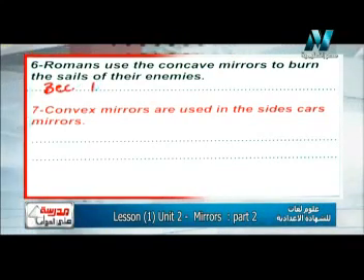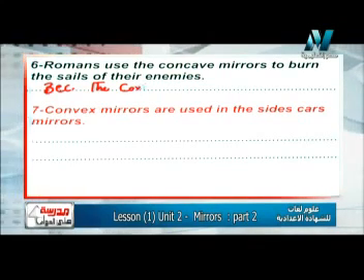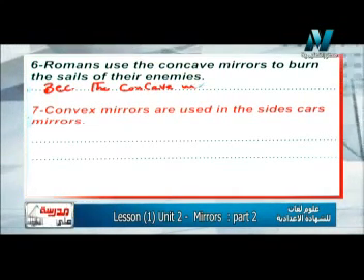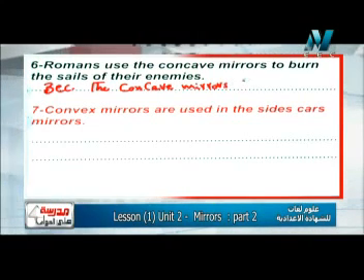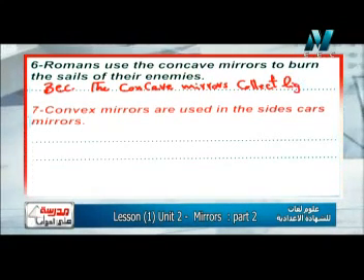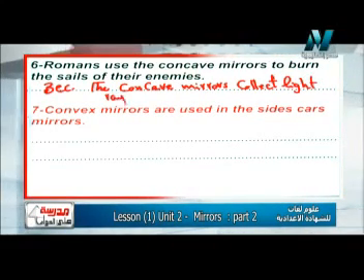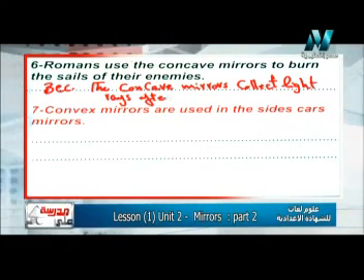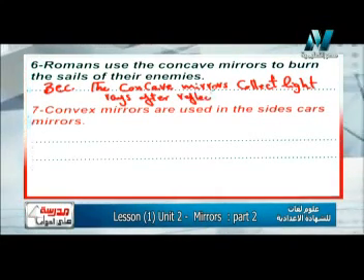Then we have here Yasser's question: the Romans used concave mirrors to burn the sails of their enemies, or they are used in solar ovens. On the monitor please. Here I will say because the concave mirrors collect or converge light rays after reflection.